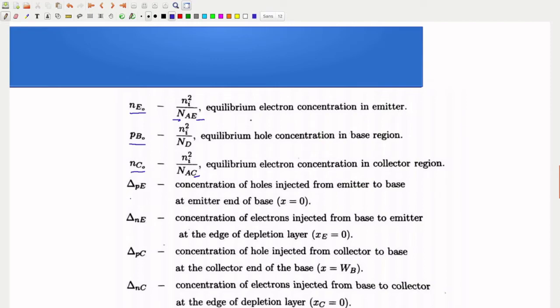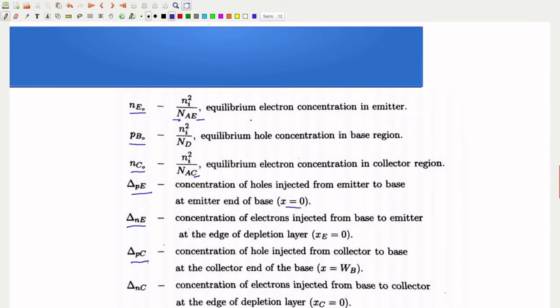Another notation that you have to keep in mind is delta PE, the concentration of holes injected from emitter to base at the emitter end of the base, where in the diagram, if you remember, x equal to 0 or the starting point, and delta NE is the concentration of electrons injected from base to emitter at the edge of the depletion layer.